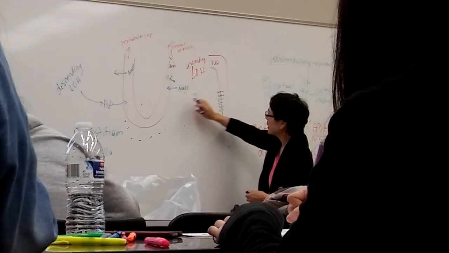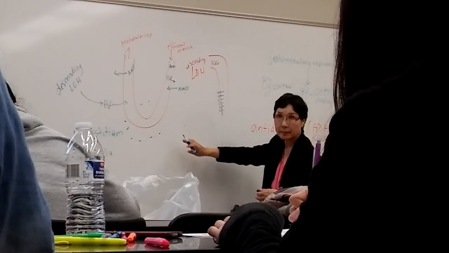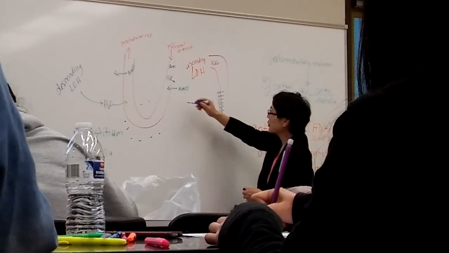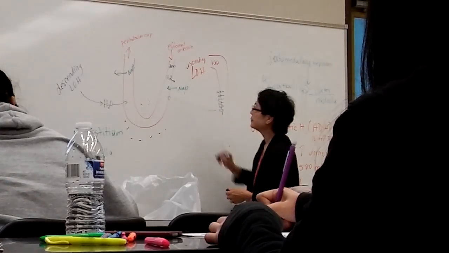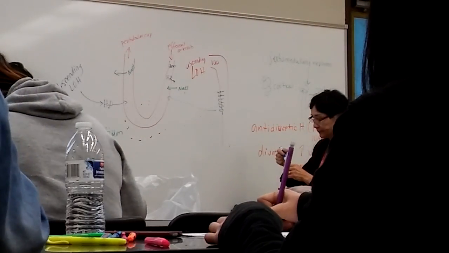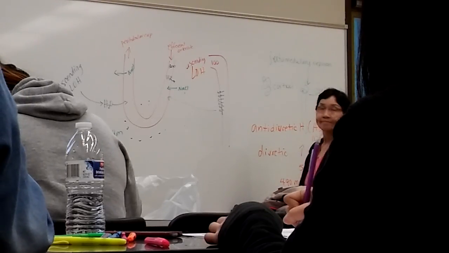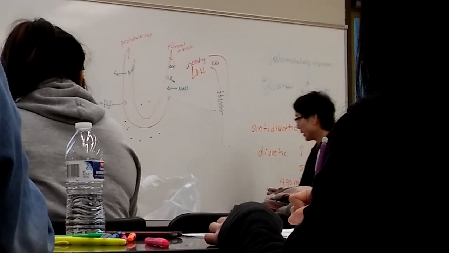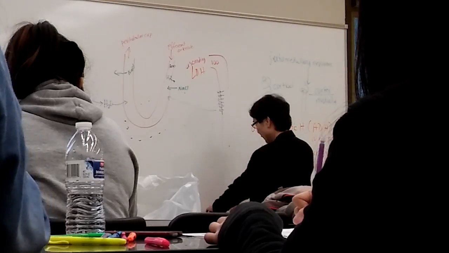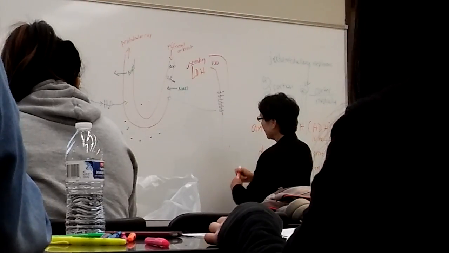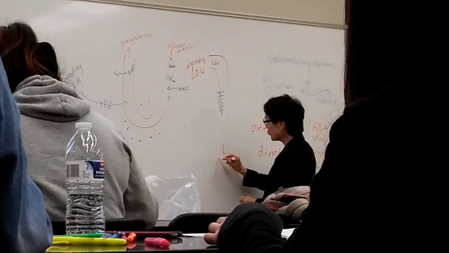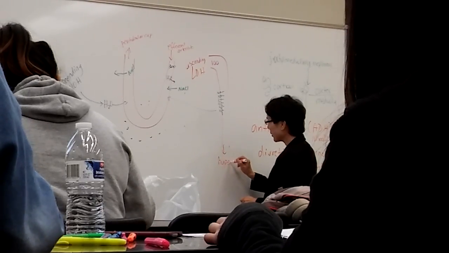Drawn out by the salty interstitium here. And that water is going to go into the vasa recta, from the collecting duct. And then, depending upon how concentrated your urine is, you produce a very hyperosmotic urine.